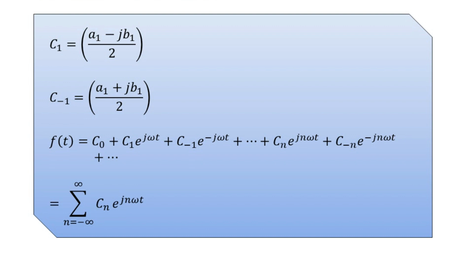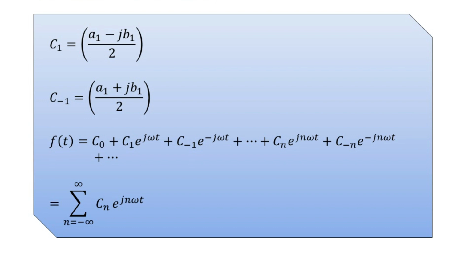Now one important thing to note here is that this formulation of the complex Fourier series has complex exponentials and the concept of negative angular frequency denoted by minus omega. So practically there is nothing imaginary in any of the signals and there is no negative frequency.